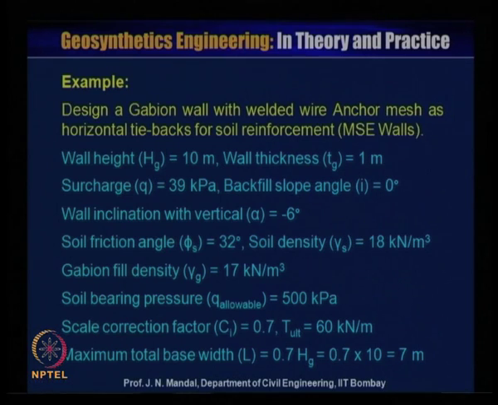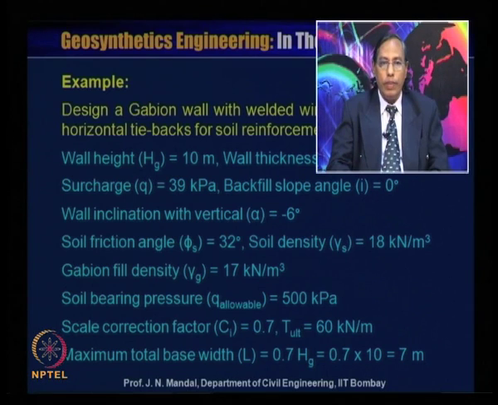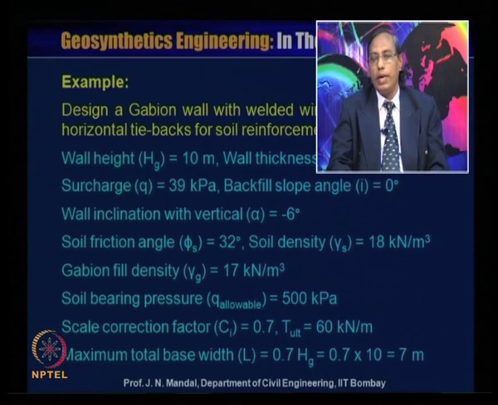Now in this example, wall height Hg is equal to 10 meter, wall thickness Tg is 1 meter, surcharge Q is 39 kilopascal, backfill slope angle i is 0 degree, wall inclination with the vertical alpha is minus 6 degree, soil friction angle phi S is 32 degree, and soil density gamma S is 18 kilonewton per meter cube.